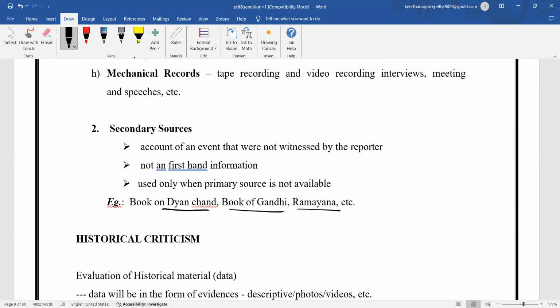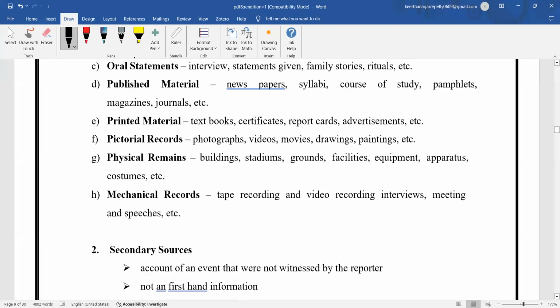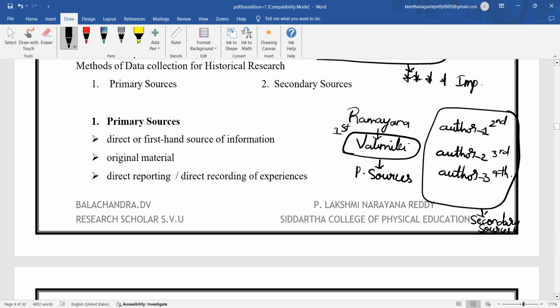It's a bit tricky here. If Dhyan Chand didn't write the biography of his own, then if anybody wrote on Dhyan Chand, that also becomes the primary source. So stick to the example that I gave. This is the best example you can rely on to understand primary and secondary sources.